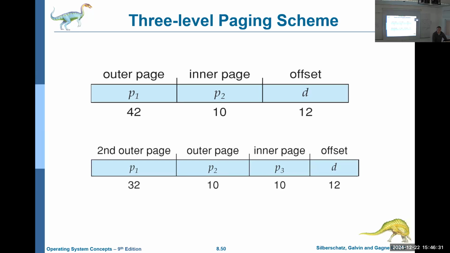That means that each page can hold references to 512 other pages. Right? But each row is 3.